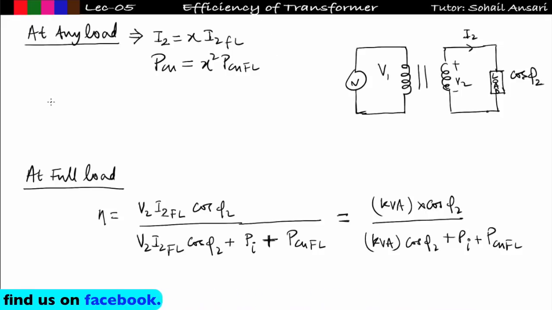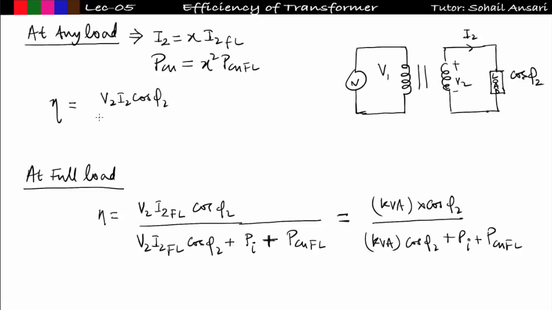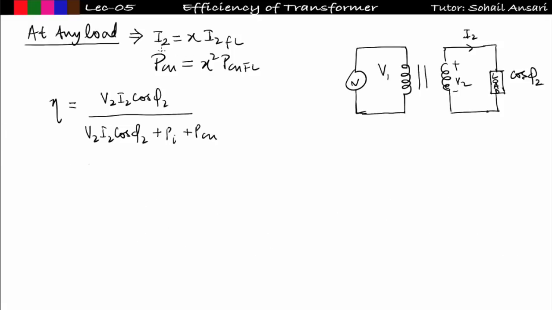Now I can easily calculate the formula of efficiency at any load, that is equal to V2 I2 cos phi 2 upon V2 I2 cos phi 2 plus Pi plus PCU. This is the generalized formula of efficiency. Now at any load, replace I2 with X times I2 full load and copper loss with X square times the full load copper loss.